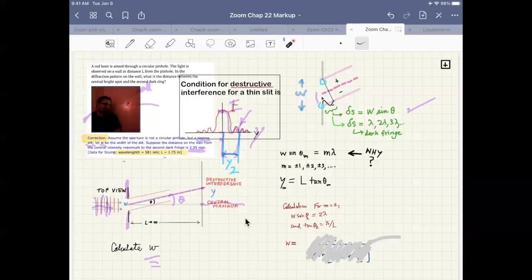So we have W sine theta 2 is 2 lambda, and tangent of theta 2 is y2 over L. The unknown is W. So if I put these equations together, W will be 2 lambda over the sine of the arc tangent of y2 over L. y2 over L is the tangent of theta, so theta is the arc tangent of y2 over L.